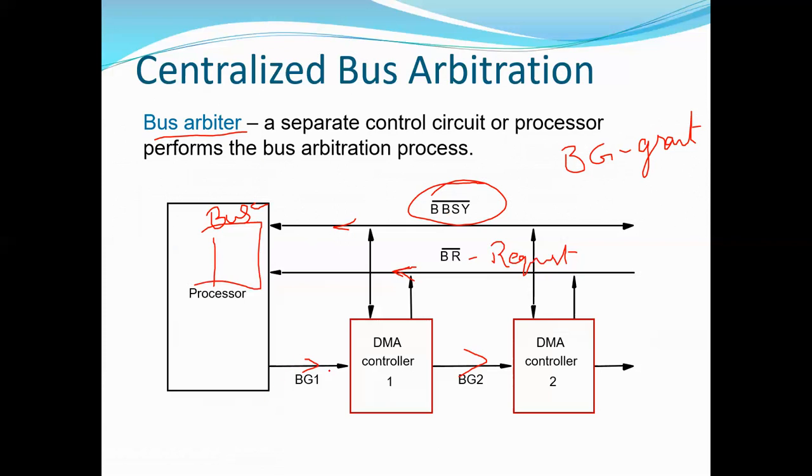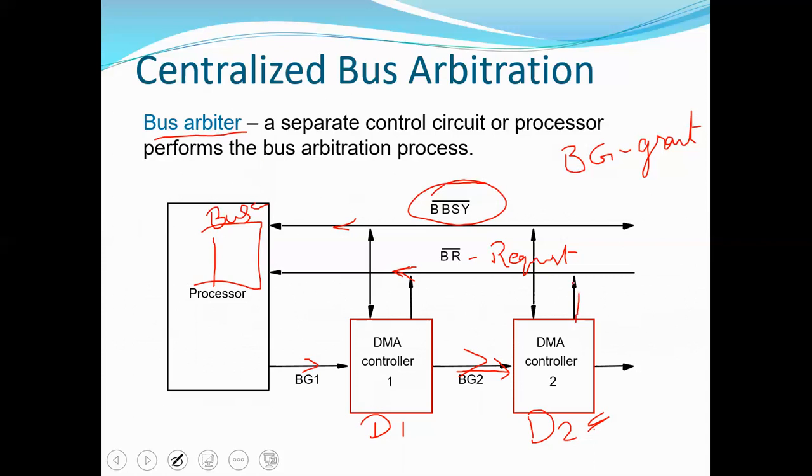You can see the bus grant. The bus grant is given to one device, and then there is a movement from this device to the next device. This is device 1 and this is device 2. The daisy chain mechanism of connection is used in this technique. Suppose device 2 requests the bus.